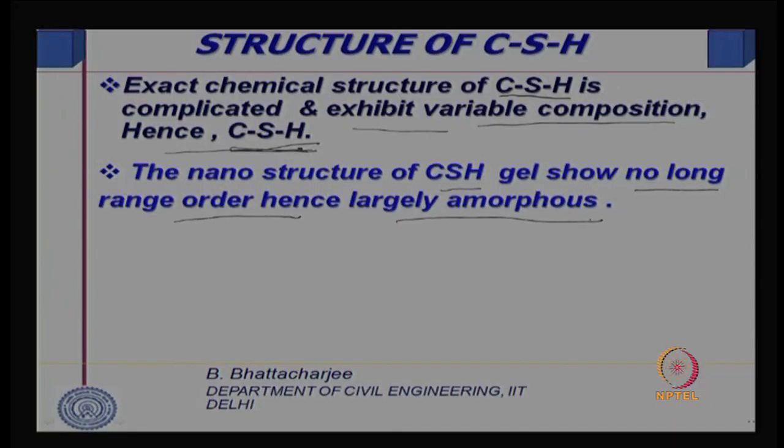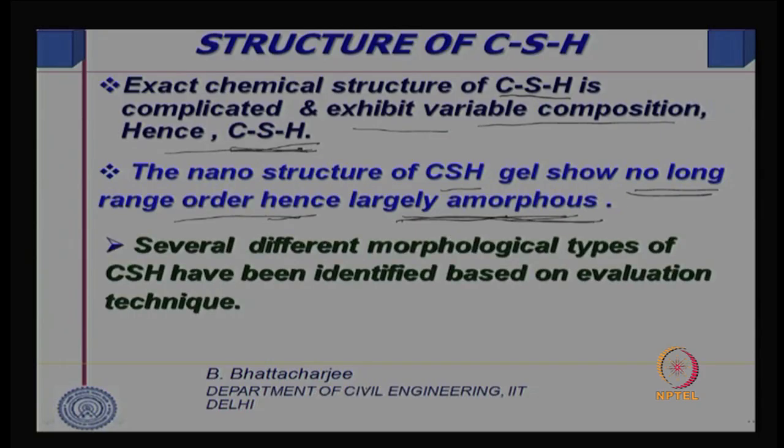Instead, we talk of the nanostructure of CSH at a very fine level. These CSH gels show no long range order, hence they are largely amorphous. A repetition of the structure is not there, therefore, it is largely amorphous.